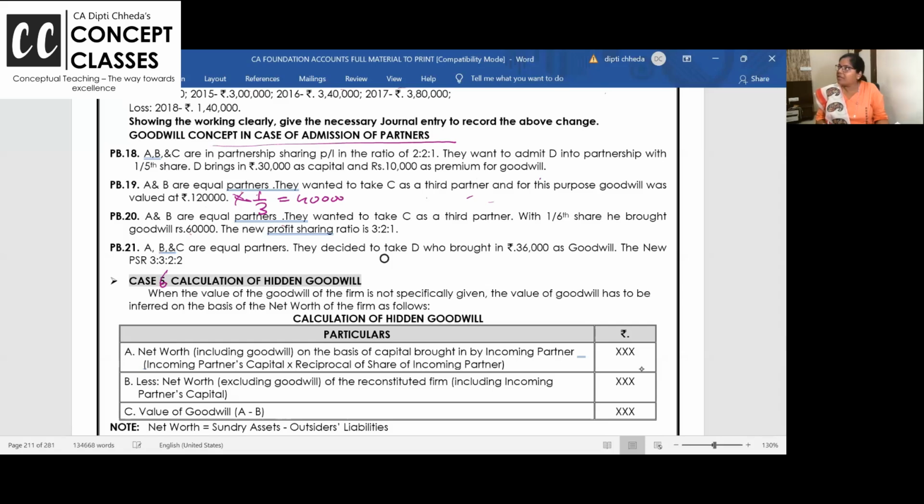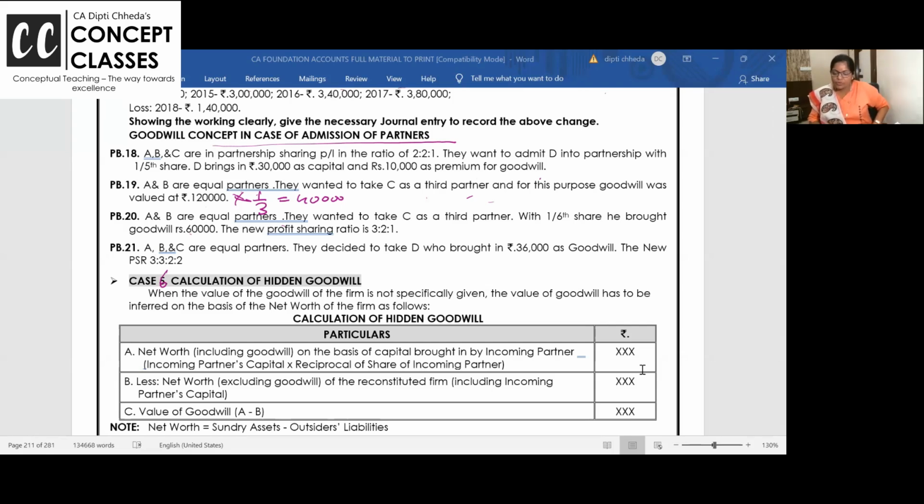Next now, 21st problem. A, B and C are equal partners. They decided to take D, who brought in 36,000 as goodwill.